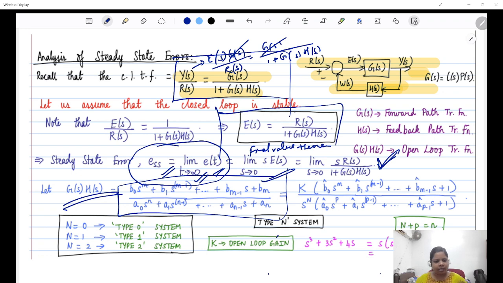You manipulate it in such a way that any s that is common in the transfer function in numerator and denominator should come out. The last term should be a constant.